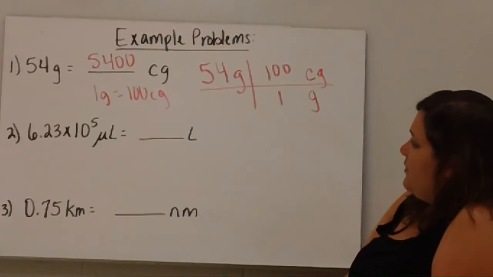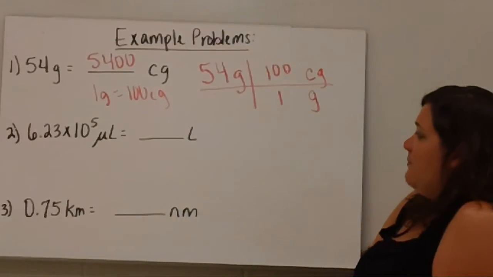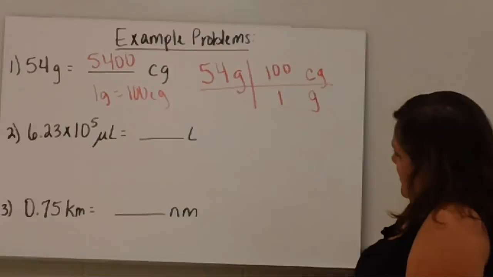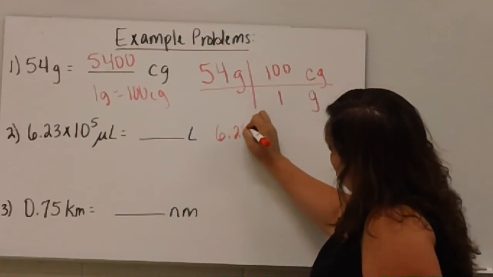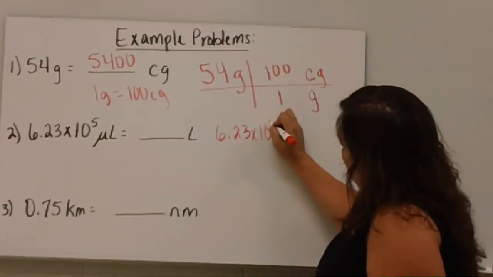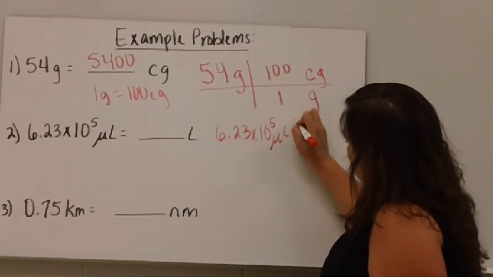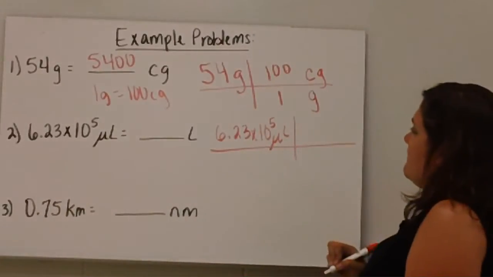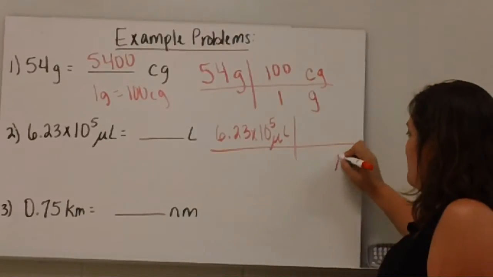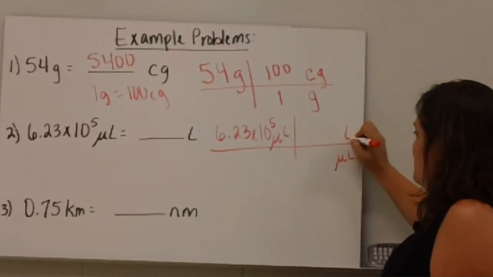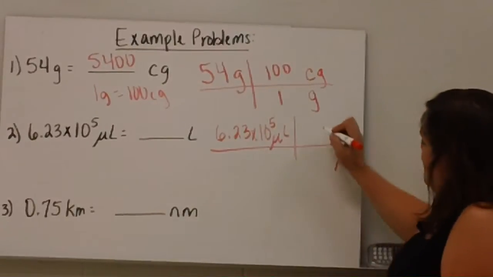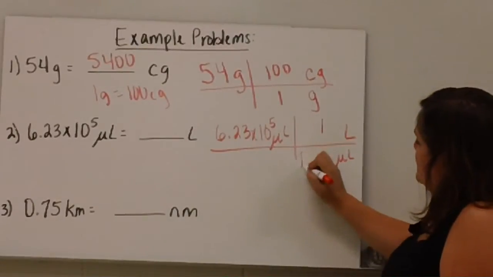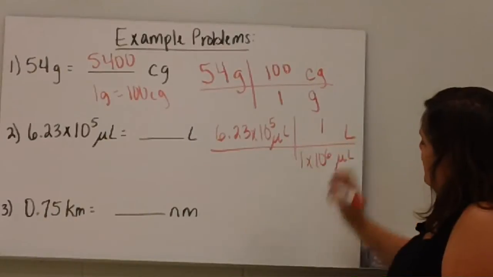Number 2, we have 6.23 times 10 to the 5th microliters. How many liters is that? So again, starting with the information we're given, 6.23 times 10 to the 5th microliters. Again, the unit we no longer want goes on the bottom, the unit we do want goes on the top. Then we put in how the two are equal. 1 liter is 1 times 10 to the 6th microliters.